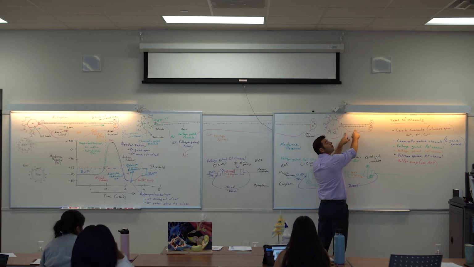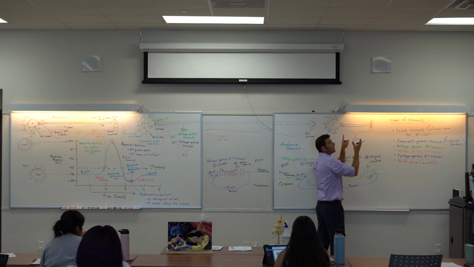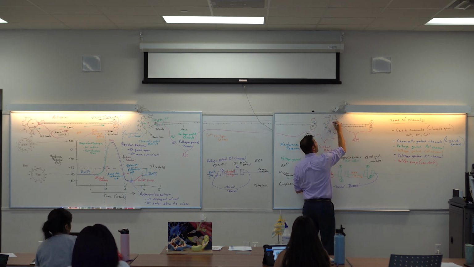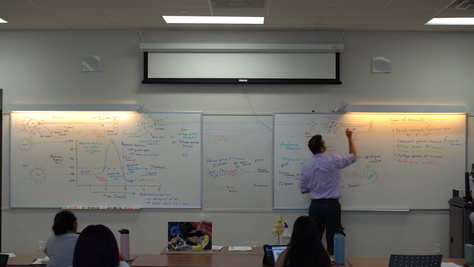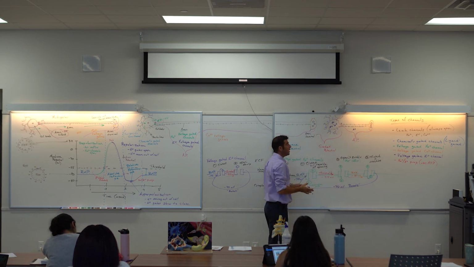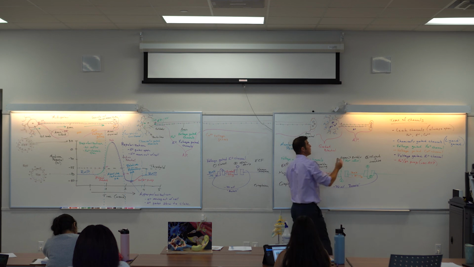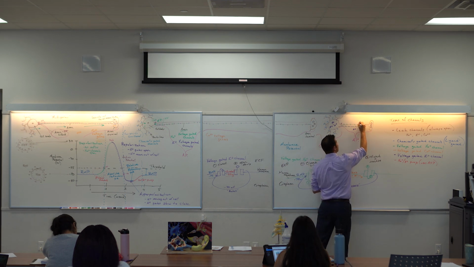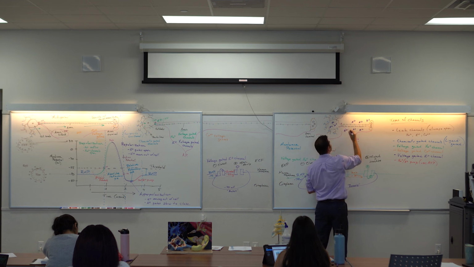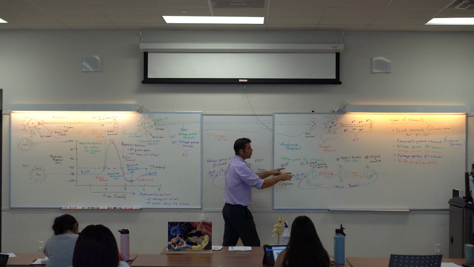I'm just going to use this neuron over here. What we said is typically neurons have a very high concentration of potassium inside and a very low concentration of potassium outside. But in individuals that are hyperkalemic, they have too many potassium ions in the extracellular fluid. Hyperkalemia is excess potassium ions in the extracellular fluid.